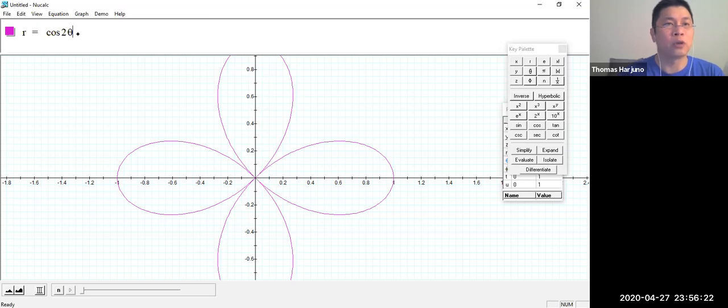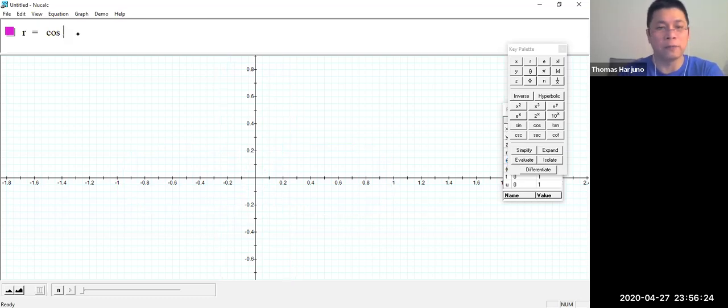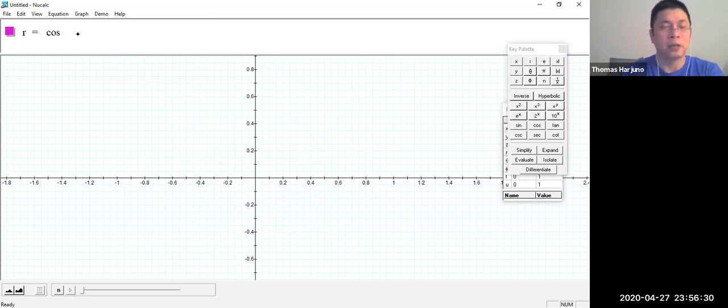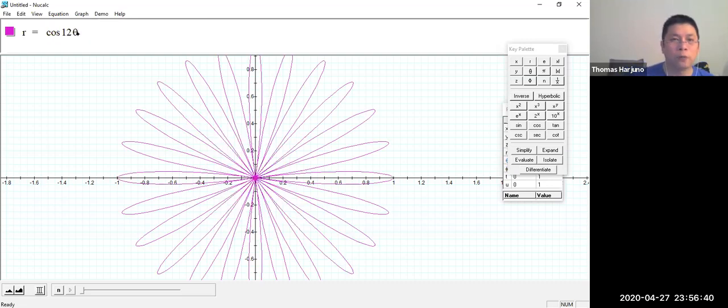So let's go back here. I make it cosine 4 theta. You will see 8 leaves. If I want to make 24 leaves, then cosine 12 theta. You will see 24 leaves.